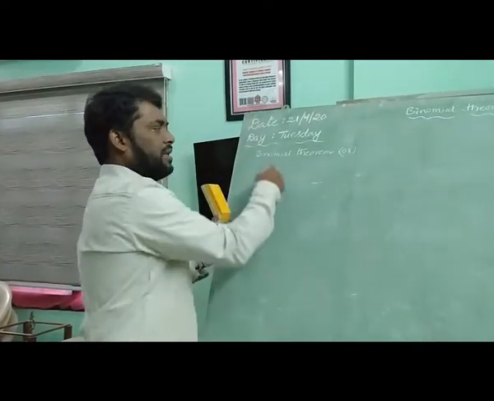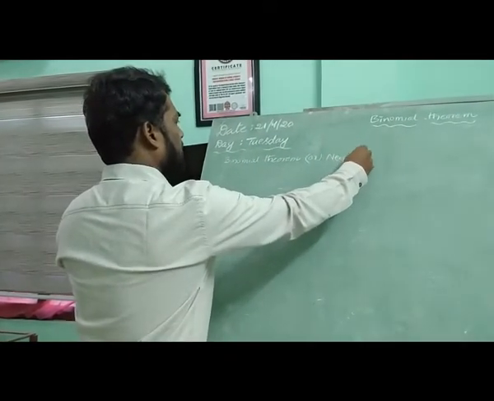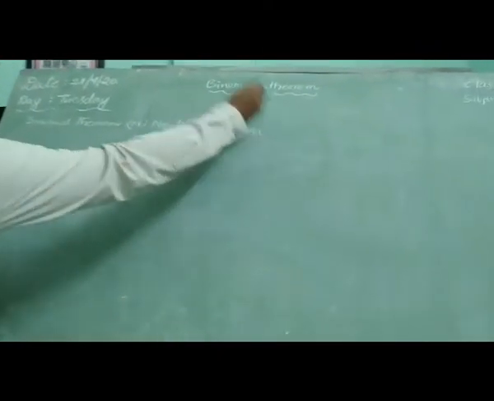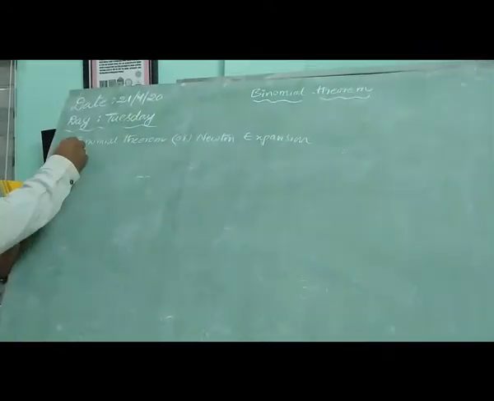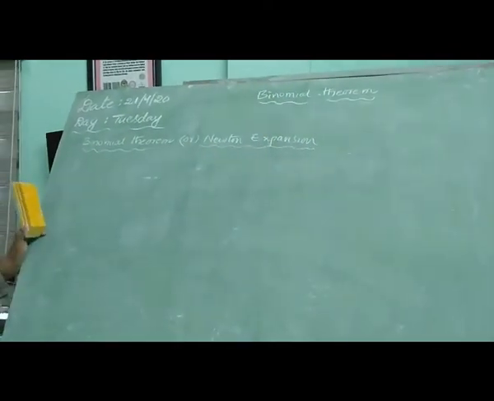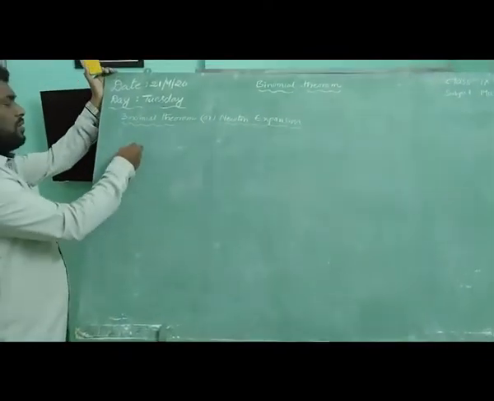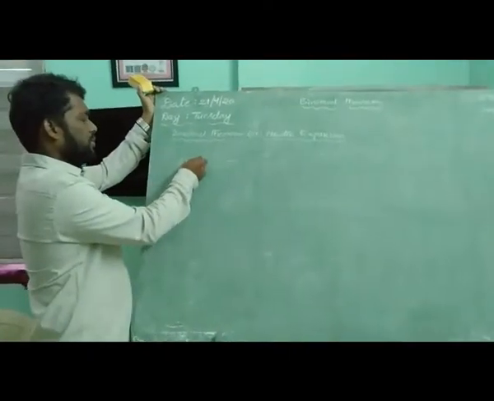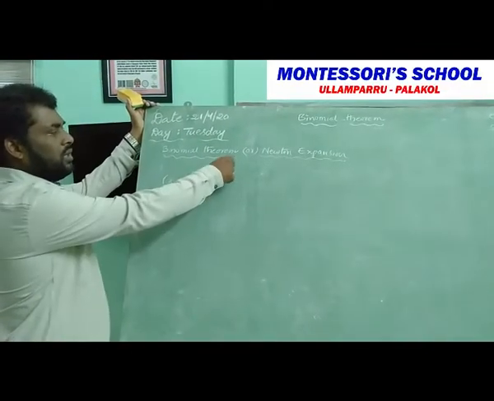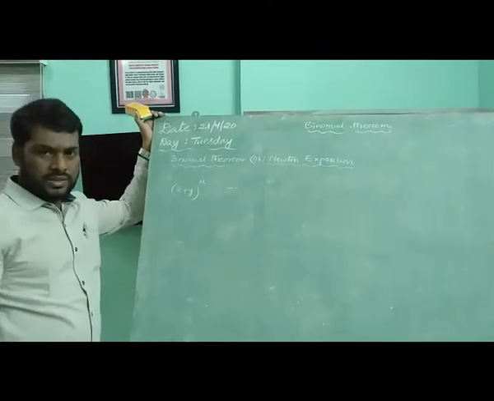That is why it is called binomial theorem or Newton expansion. So what is binomial theorem or Newton expansion? Suppose we take one binomial, x plus y, and I am taking its exponent here. Newton introduced this binomial theorem for positive integral powers.